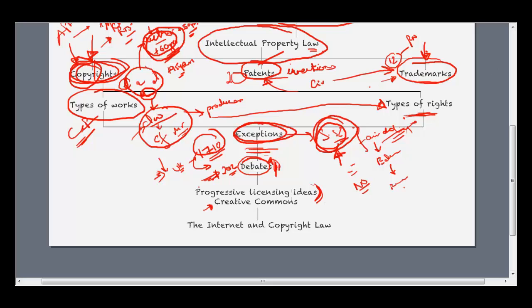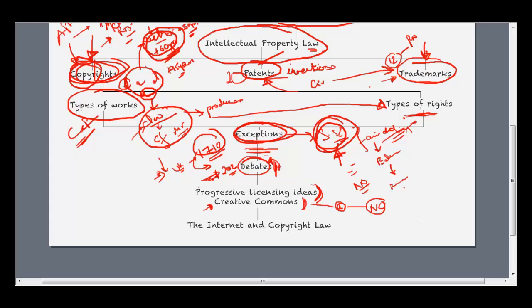So, for example, under a Creative Commons license, one may say that, all right, I allow anybody to make copies of my work and use it for whatever purpose they like, as long as they identify me as the author. So that's something called attribution. Otherwise, you may say, I want attribution. Also, anybody can use my work and make copies of it and create derivative forms in any manner they like, as long as it is not for commercial purposes.